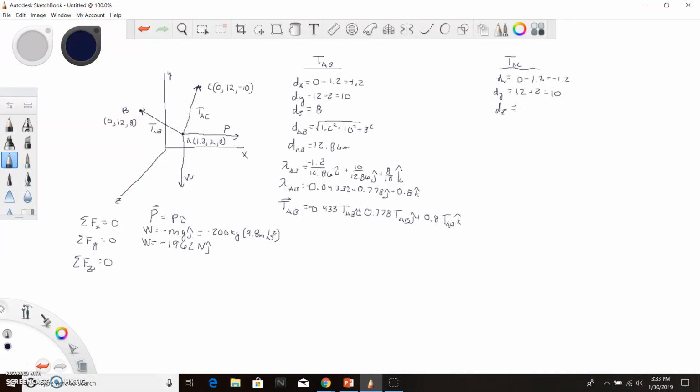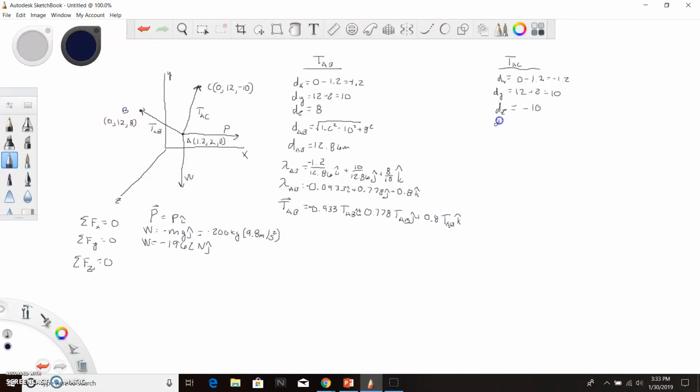Looking from the endpoint, that would be -10, minus 0. So dz is pretty easy, it's just -10. Now we need to figure out the shortest length from A to C.